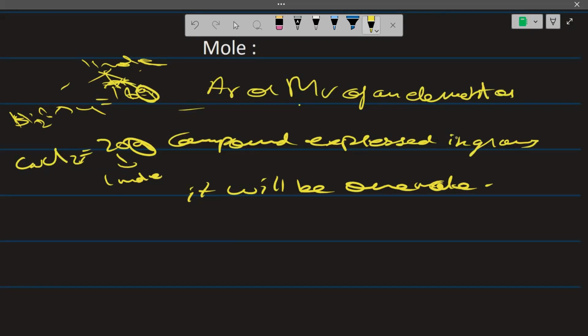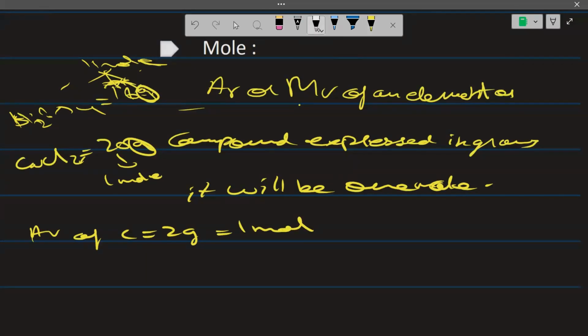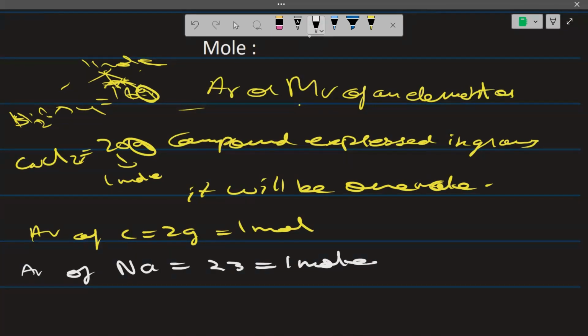Like the AR of C, 12 grams, will also be 1 mole. And the same thing with the AR of sodium, 23 grams, it will also be 1 mole.